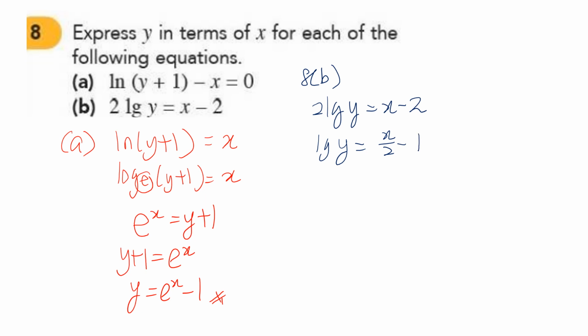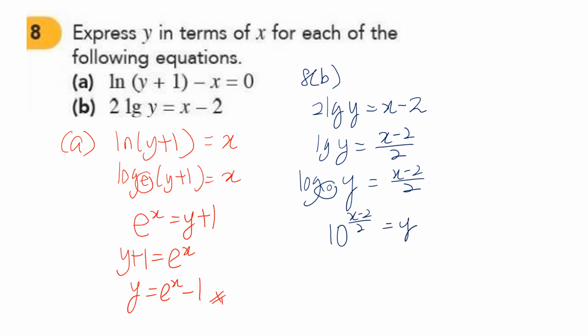Or you can just combine them. And then LG is the symbol for log base 10. So zoom into the base again, which is 10. So 10 to the power of x minus 2 over 2 gives you y. You're supposed to make y the subject, so write it this way.